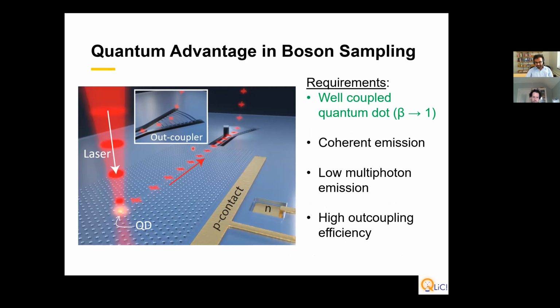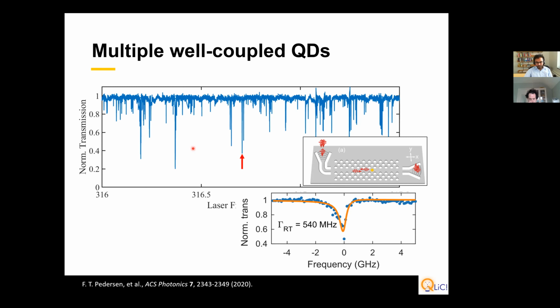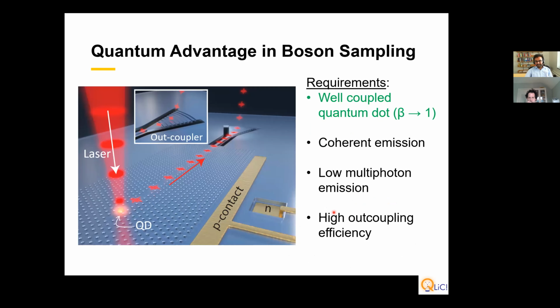So that's the first part. While I did not tell you how good it is, the fact that you see this very strong interaction of this quantum dot with the photon tells us that we have a very well coupled quantum dot to this single waveguide mode.